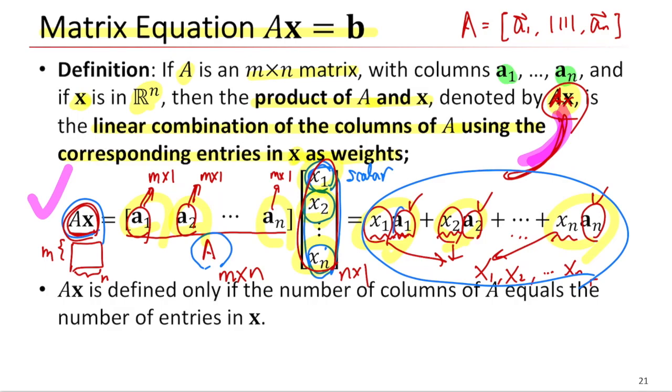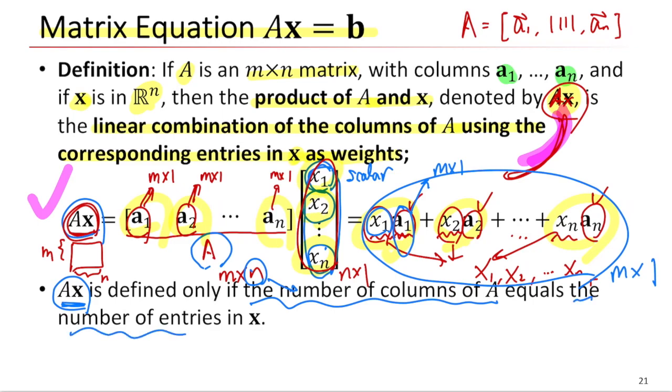Because each column a1 has size m by 1 and the weights are scalar values, the output should be m by 1. So to compute Ax, the number of columns of A, in this case n, must equal the number of entries in x, in this case n.